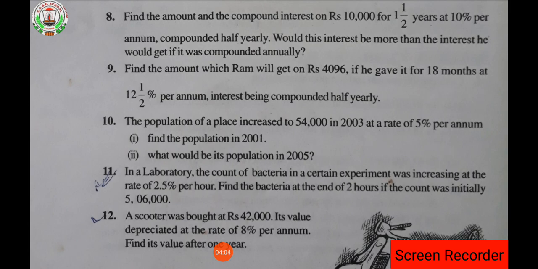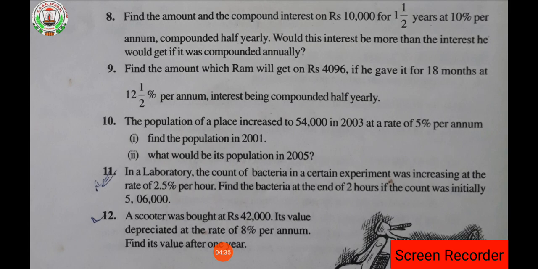Find the bacteria at the end of 2 hours if the count was initially, that means at the starting, 5,06,000. So initially the bacteria were this much, 50600, and the rate of increase per hour is 2.5%. Then we have to find the number of bacteria at the end of 2 hours.